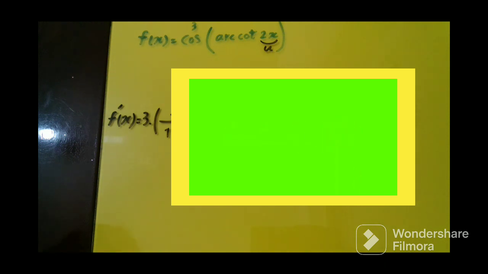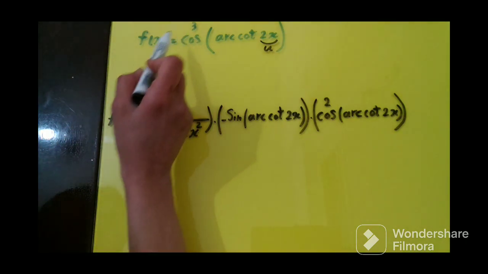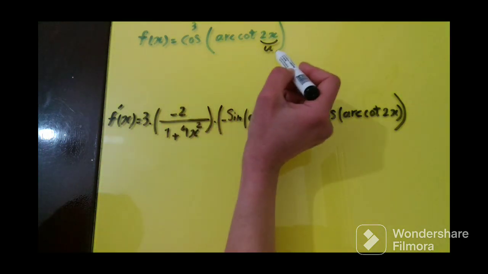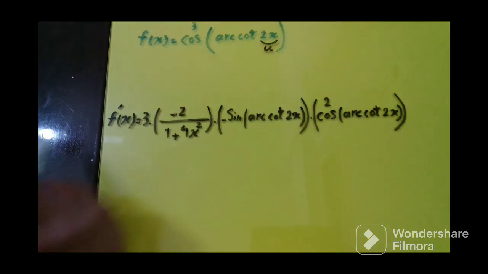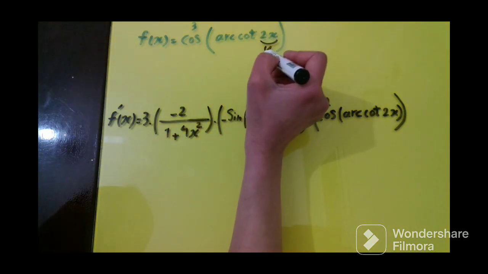Okay guys, for getting the derivative of this trigonometric function, according to the power rule, first you should bring the power down. It's 3 times. No, you should get the derivative of this term. As this term is inverse trigonometric function, so according to the formula, 2x is u.